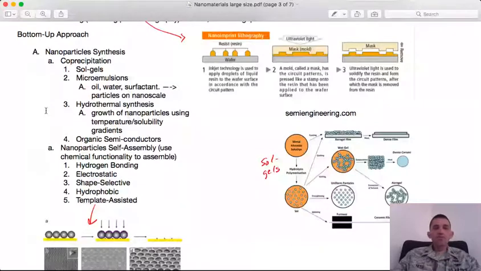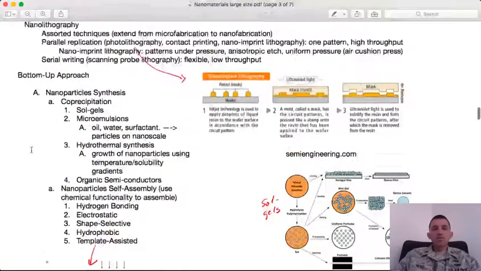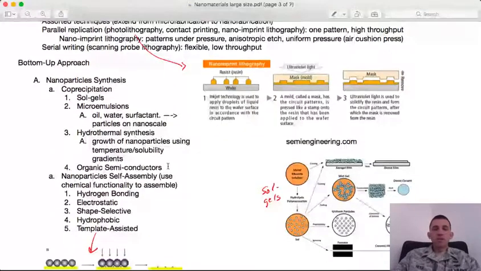You can also make use of hydrothermal synthesis to make nanoparticles. We talked about hydrothermal growth in our crystal growth discussion, and that, if you recall, made use of different solubilities in solution at different temperatures. And our hydrothermal growth reactor beforehand had basically a cold and a hot end.